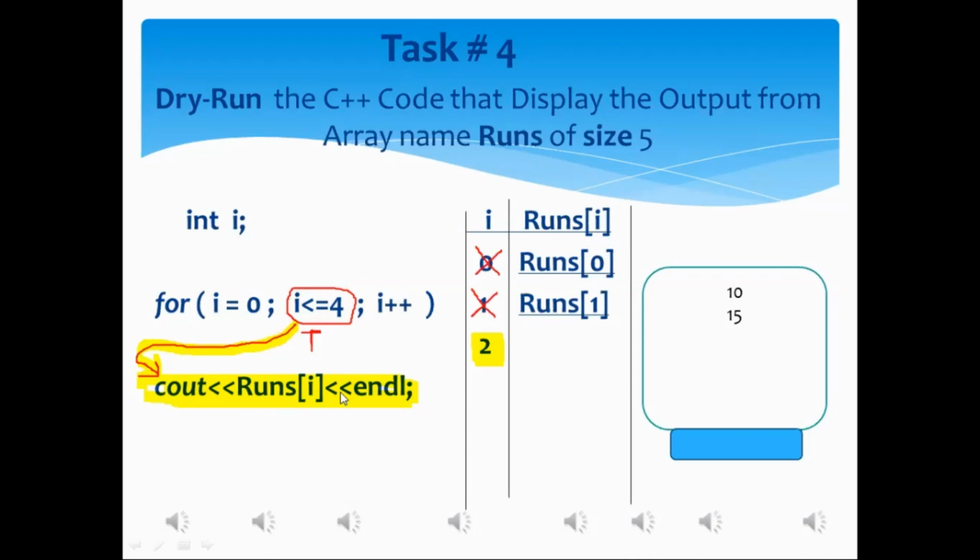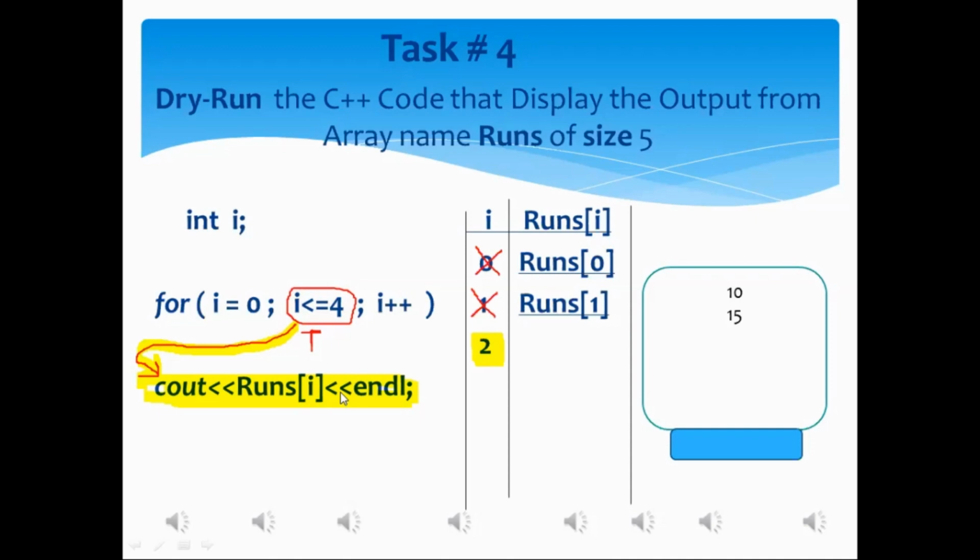Whatever data value had been stored in that address of the memory location of the array named runs will be displayed onto the monitor on the right hand side as a result of this cout statement execution. All right, did you get it?